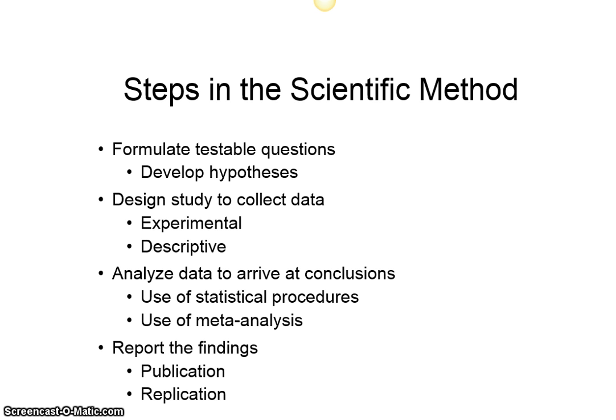Finally, we're going to report the findings in a peer-reviewed publication. And when we report the findings, they're going to be detailed very specifically so that the study can be replicated. And through replication, that's how we build confidence in the results of the studies.